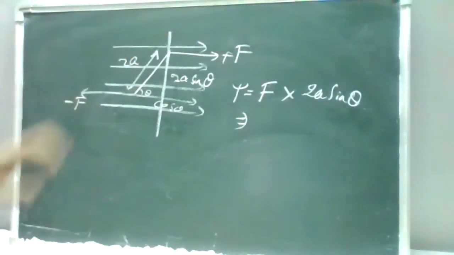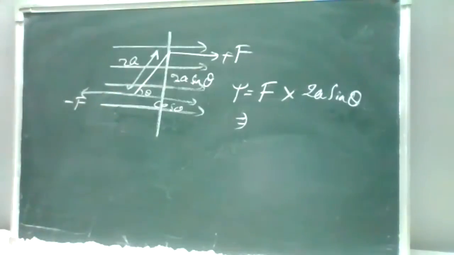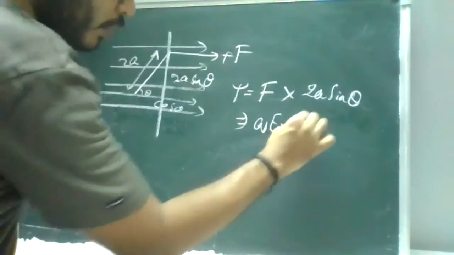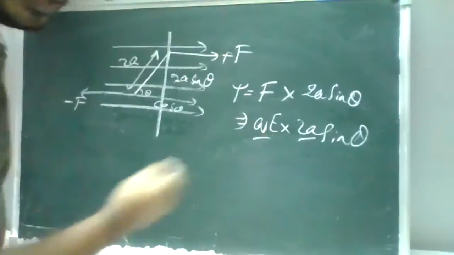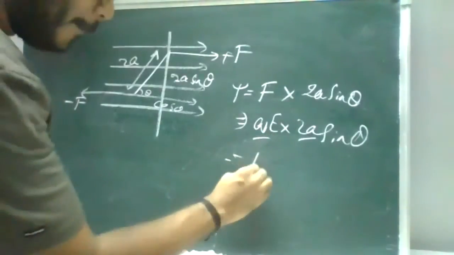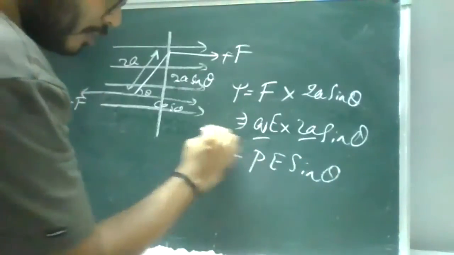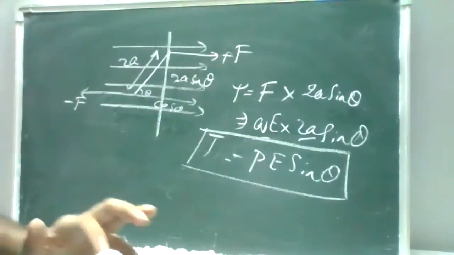F is QE, into 2a sin theta. We already know 2a into q is the dipole moment, so PE sin theta is nothing but the torque. Torque is equal to PE sin theta.